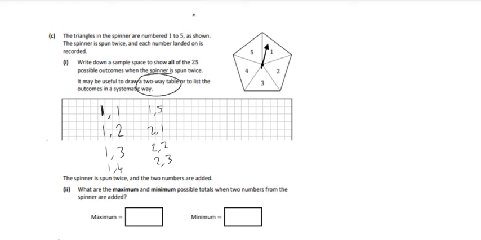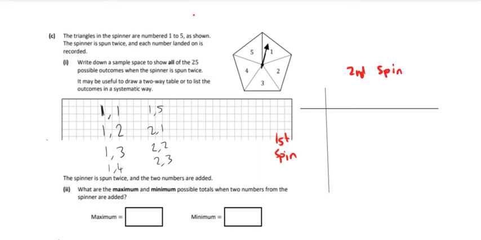What they're saying here with a two-way table is to do it like this. The numbers down the side here will be the first spin, and across the top is the second spin, and I just put down the numbers 1 to 5. Then the first one will be 1, 1, and it helps you to see it a little bit clearer.